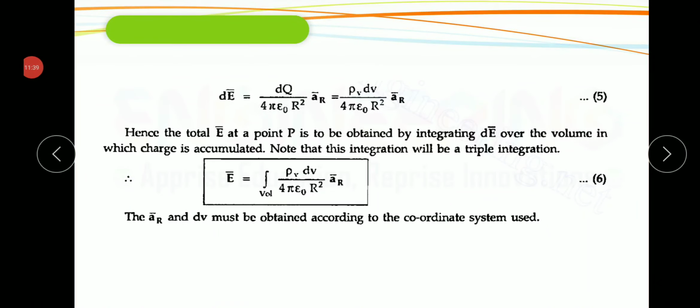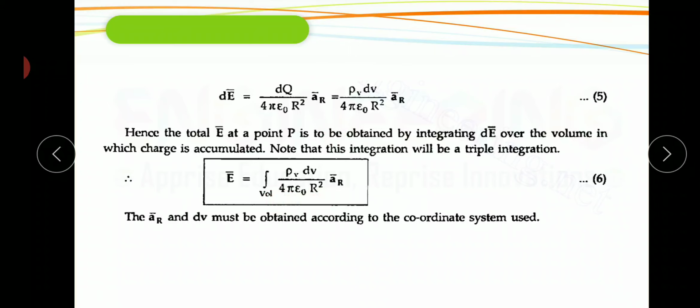Now the total electric field intensity at the point P is obtained by integrating the above equation over the volume in which charge is accumulated. So on integration, differentiation and integration cancel, so E bar is there. Now integrating this equation, the suffix there is a volume integral, so integral V rho v dV by 4 pi epsilon naught r square ar bar.